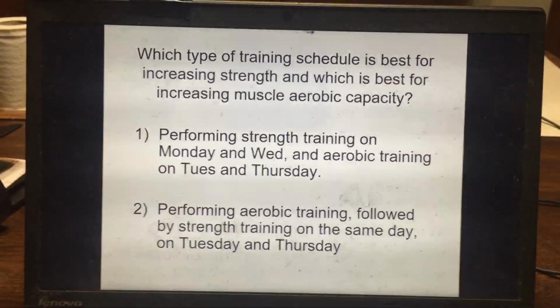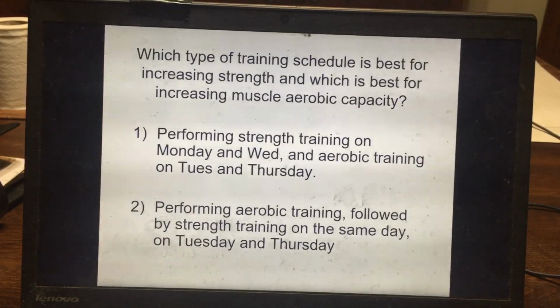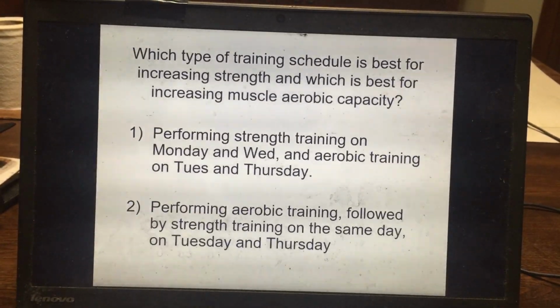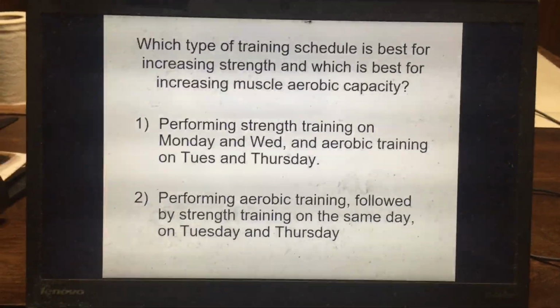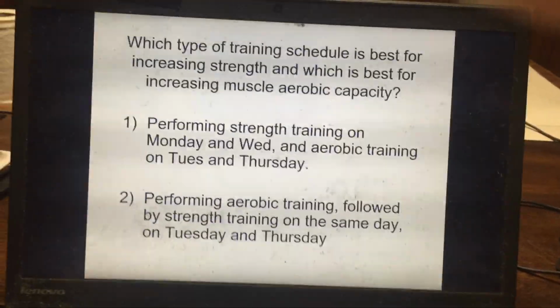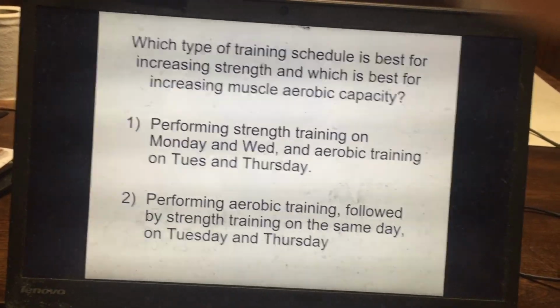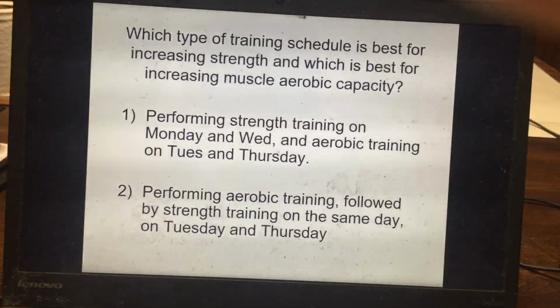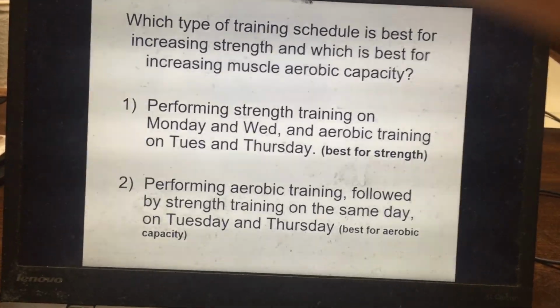So this question, this is from a specific study. Which type of training schedule is best for increasing strength, and which is best for increasing muscle aerobic capacity? So performing strength training on Monday and Wednesday and aerobic training on Tuesday and Thursday. So doing the aerobic training and strength training on completely different days. It was best for increasing strength.